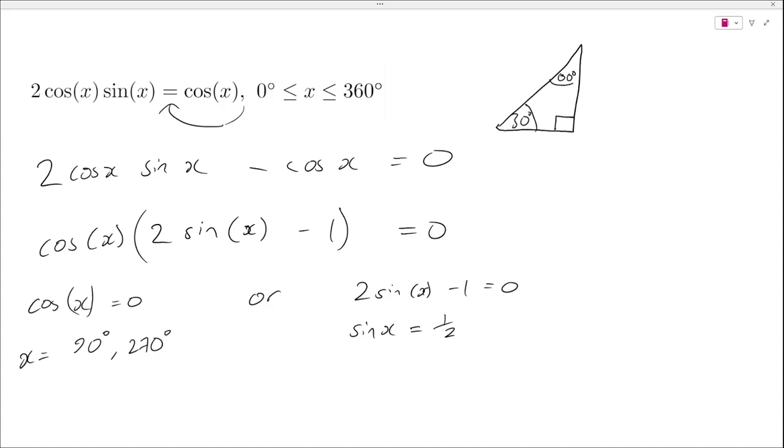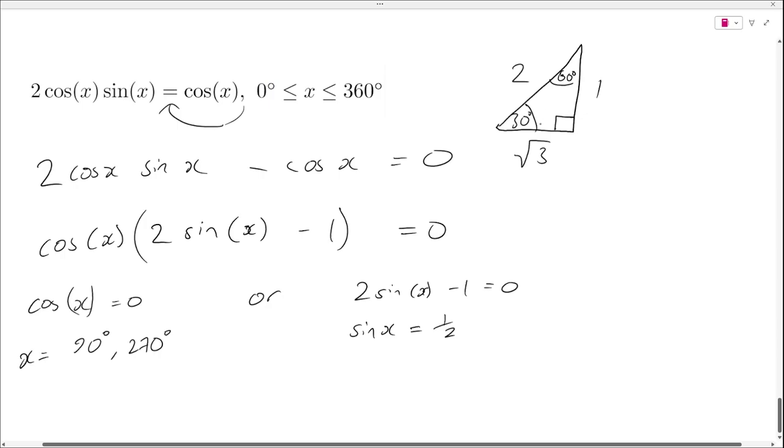We should know that there's a side length of 1, a side length of root 3, and then the hypotenuse of length 2. So if sine of x equals 1 over 2, opposite over hypotenuse, therefore x is going to be equal to 30 degrees. And again, you can absolutely use your calculator to find that value.